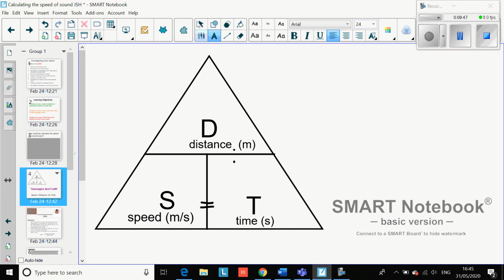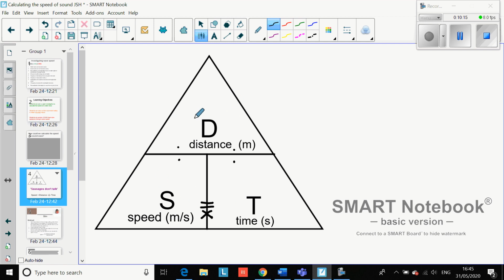Well, you would do speed times time equals the distance. And what if they gave you the distance and the speed? Then they'd be asking you to work out the time, how long it took for that wave to travel. To do that, it's distance divided by speed equals time. So you can see how the three are linked.